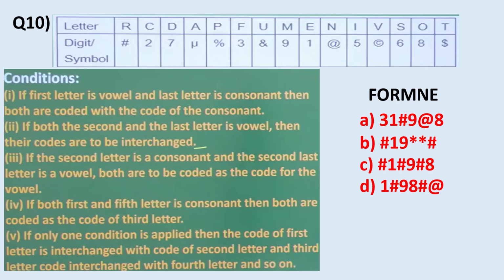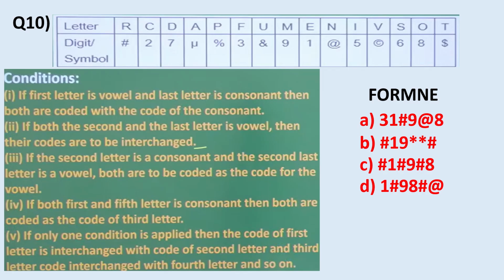Question number 10. This will be the last question of today's class. This is the coding and decoding type of question, which nowadays is appearing in most of the competitive exams. This type of questions I have seen in so many papers.